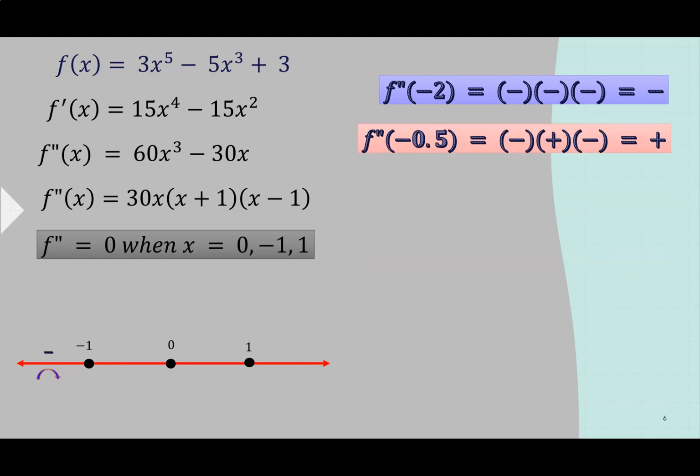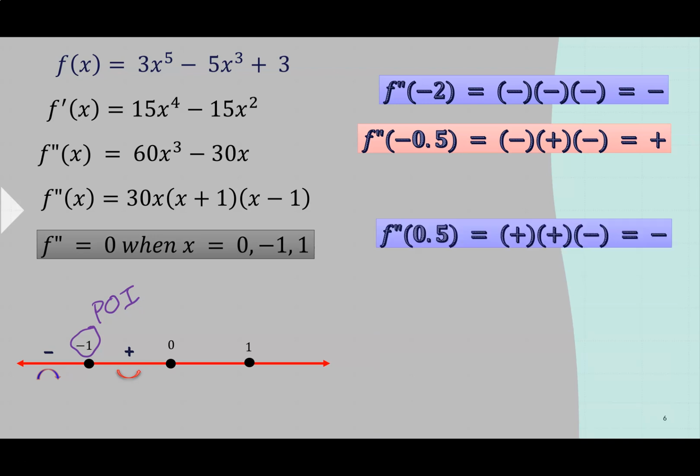And then if you plug in a number in between negative 1 and 0, say 0.5, you will have a positive number. So your function concaves up in that interval, which means negative 1 is a point of inflection. That's when your concavity changes.